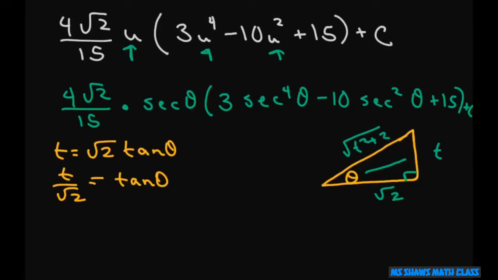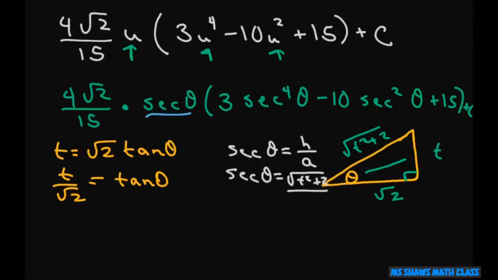Now we can substitute in for our secant, because secant of theta equals hypotenuse over adjacent. So secant of theta is going to be square root of t squared plus 2 divided by square root of 2.